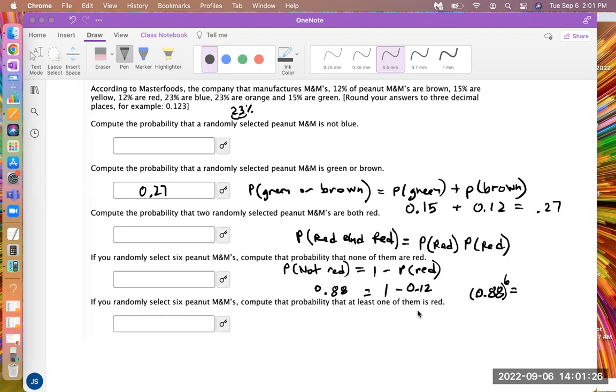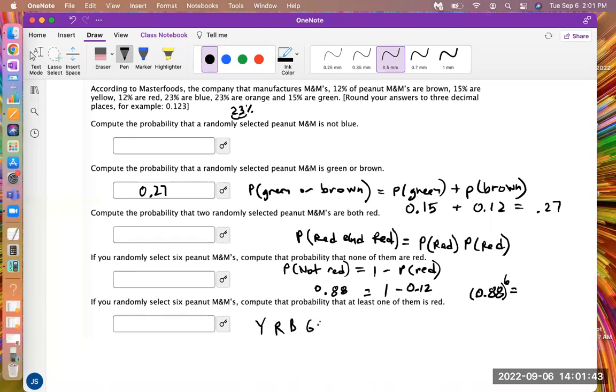Every outcome, if I pick 6 M&Ms, every different combination of colors, like the first combination might be yellow, red, blue, green, brown, and orange. That could be my first combination. And then the second combination could be all orange.